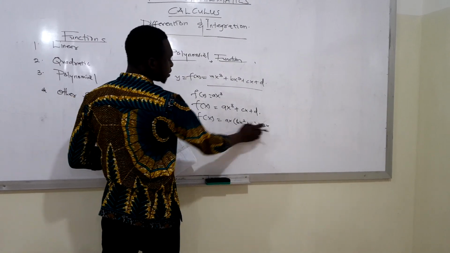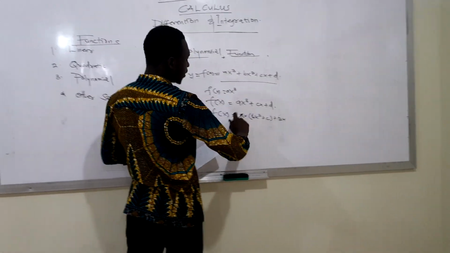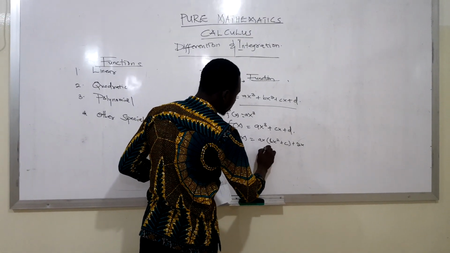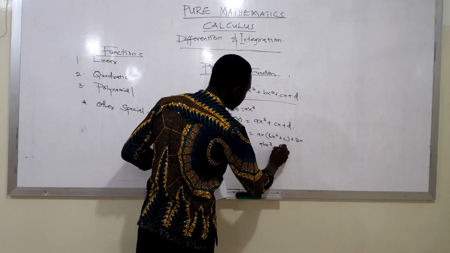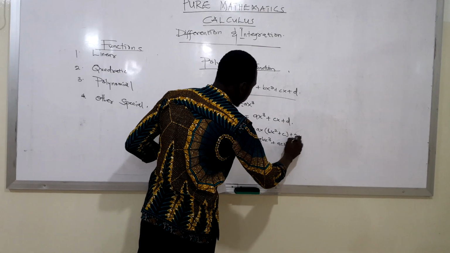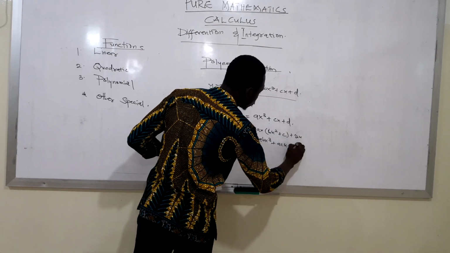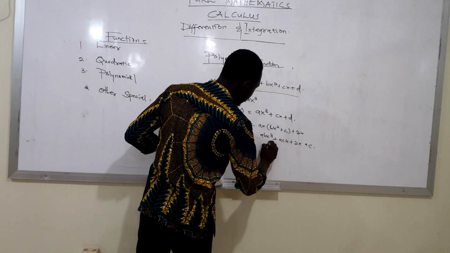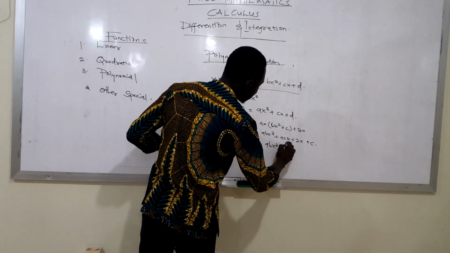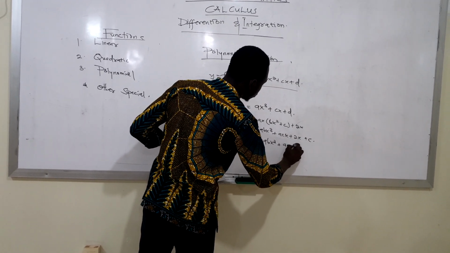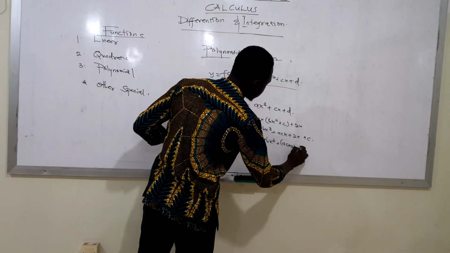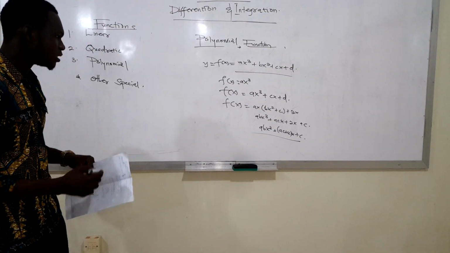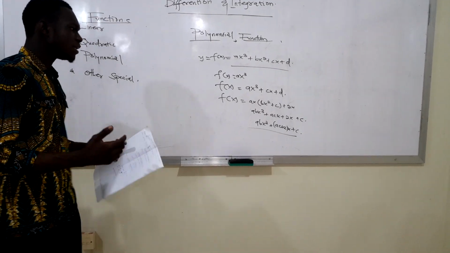And simplifying this, you are going to end up getting abx cubed plus acx plus 2x plus c, thereby getting abx cubed plus (ac plus 2) multiplying by x plus c. And this expression is also a polynomial function. That was just by the way.